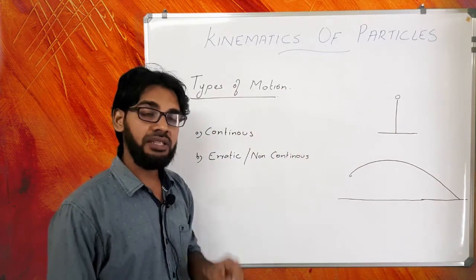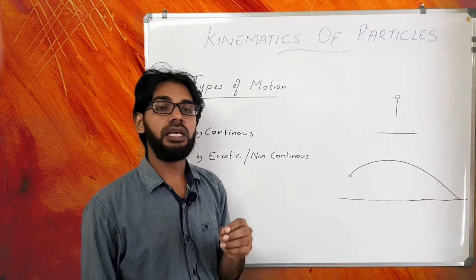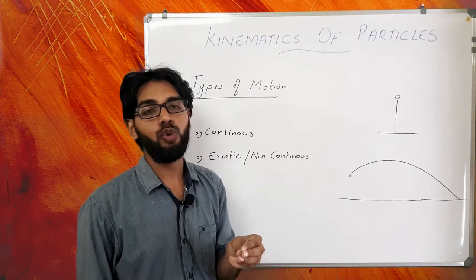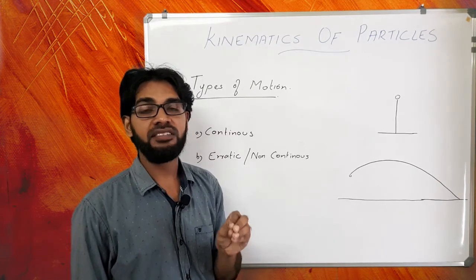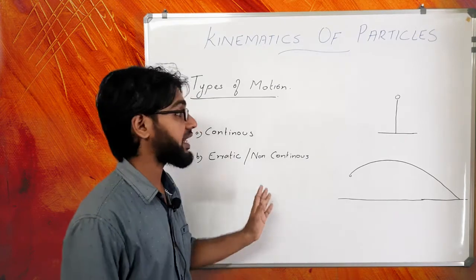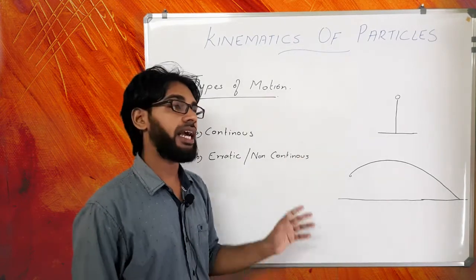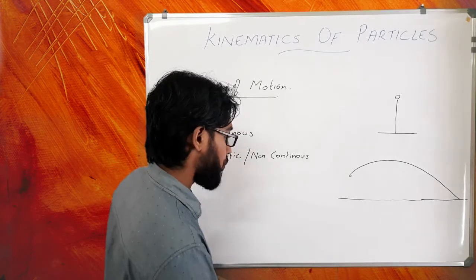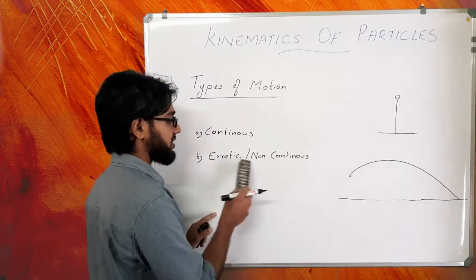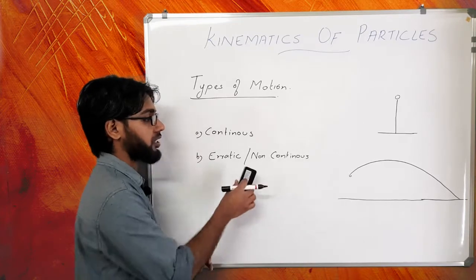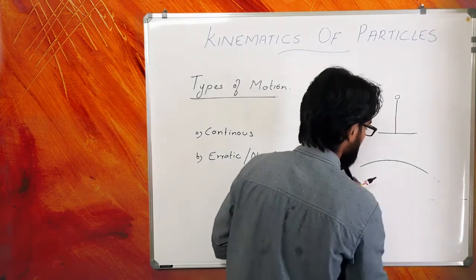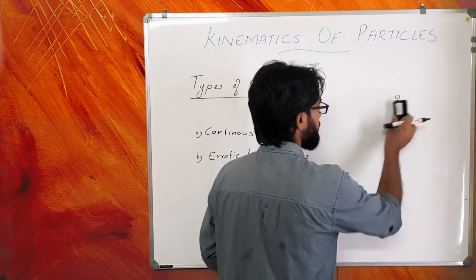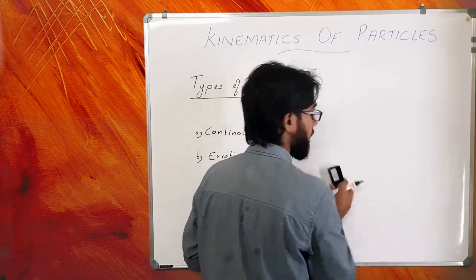But in certain other instances, we may not be able to develop a single equation for the entire path described by the particle. In that case, we call that corresponding motion erratic or non-continuous motion. For example, consider you are driving a car in a city.